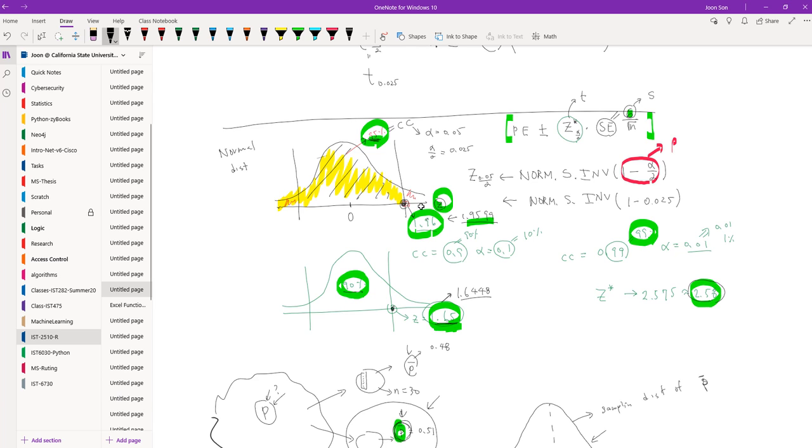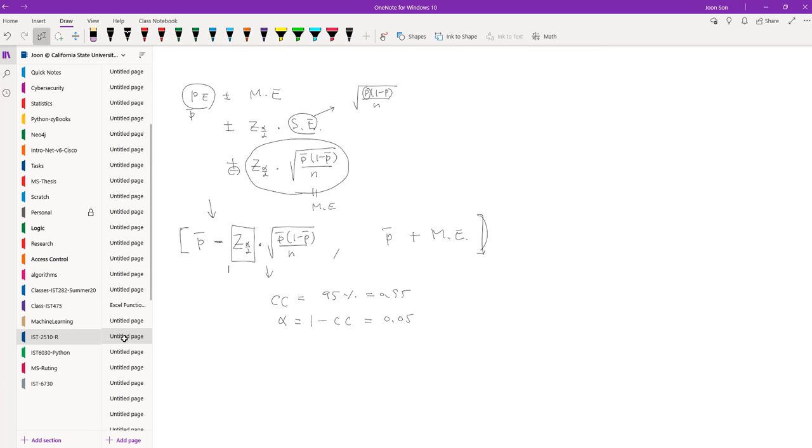And for 99%, the Z critical value is 2.575, roughly 2.58. These are really well-known values for 95%, 90%, and 99%, so you can use them, but I'm going to calculate the Z value anyway.